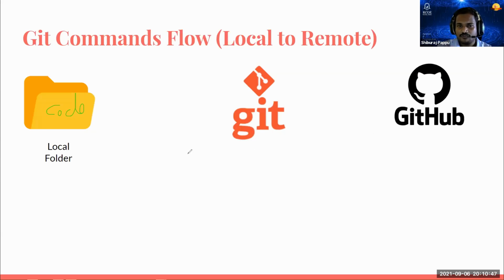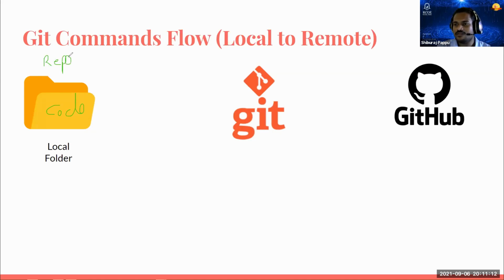Similarly, GitHub also doesn't know anything about it. So before you start doing anything, first you have to tell Git that you want to track this folder. That is when you create a repository. The first step is to convert this local folder into a repo.